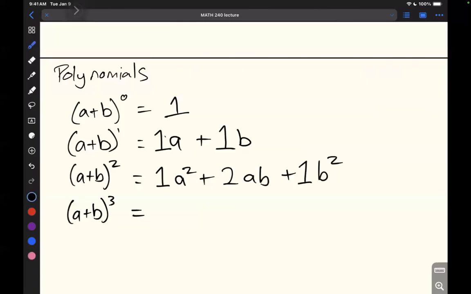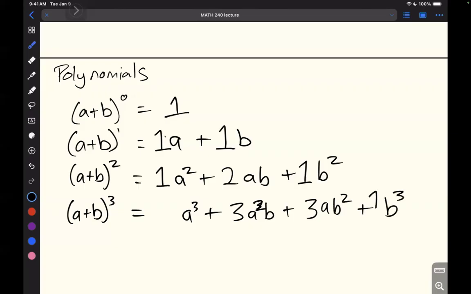A plus b cubed is, would someone like to read it to me? It's a cubed plus 3a squared b plus 3a b squared plus b cubed. All right, thank you. And we can go on. We can do a plus b to the 4th, a plus b to the 5th, and so on and so forth.